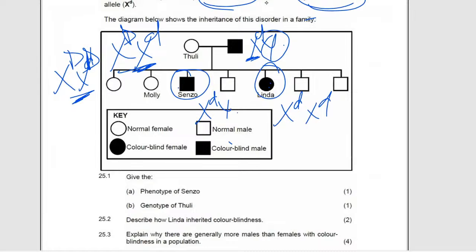What do I mean? If this is a female, one will come from the father and one will come from the mother. So there is no way the father is giving this.